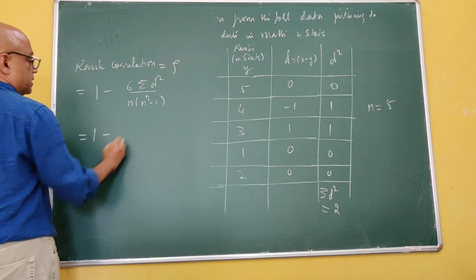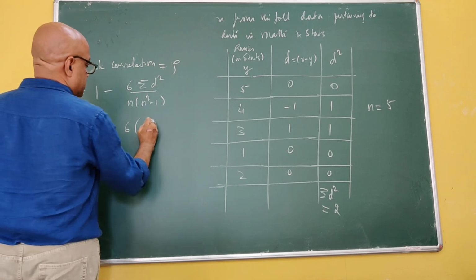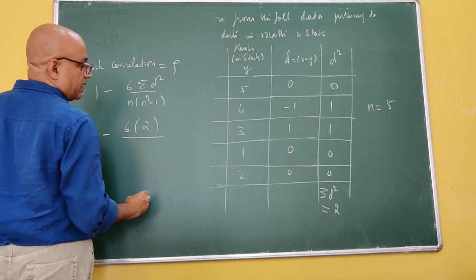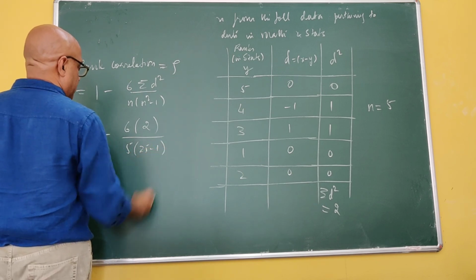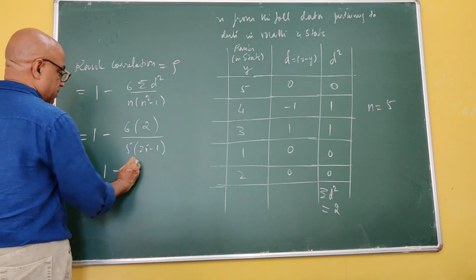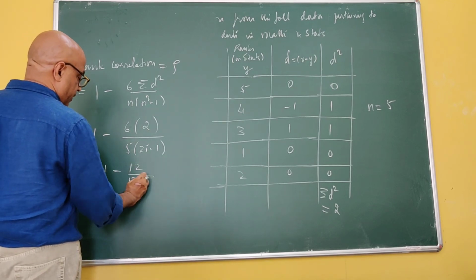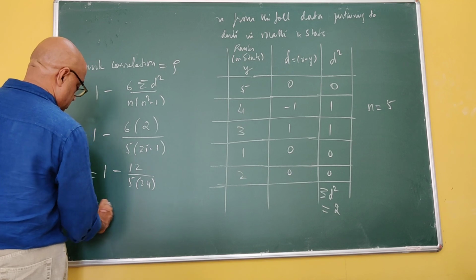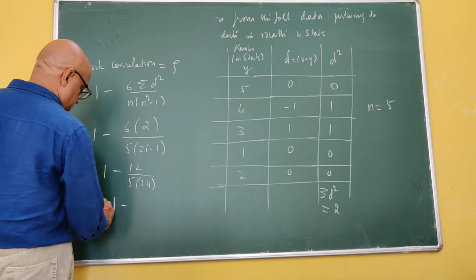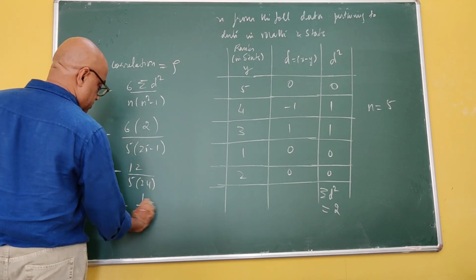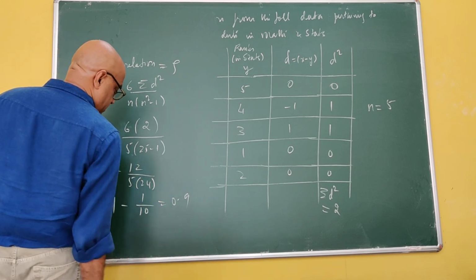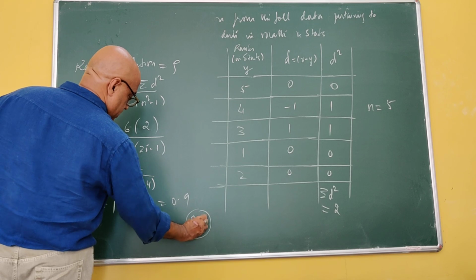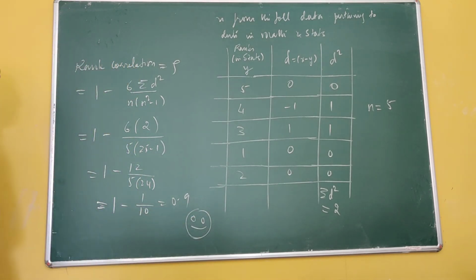That's going to be 1 minus 6 times summation D square, which is 2, and N is 5, 5 square is 25 minus 1. That's equal to 1 minus 12 divided by 5 times 24. This calculation is quite simple: it's 1 minus 1 by 10, which is 0.9. That's a strong positive correlation.